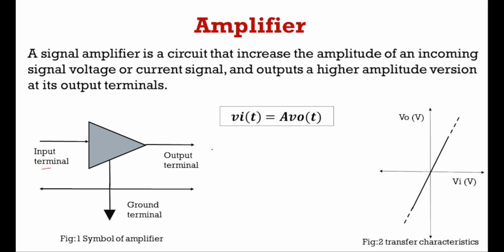The input output relation of the amplifier is expressed by this expression, where v_i(t) is the input signal, A is the amplifier's gain, and v_o(t) is the output signal.